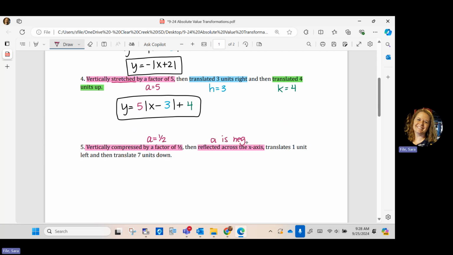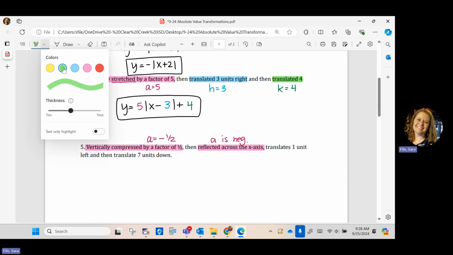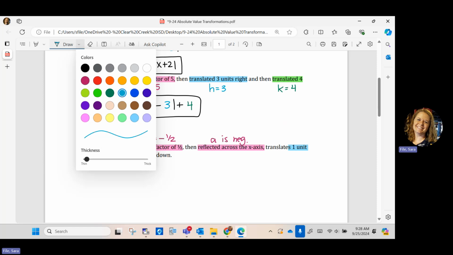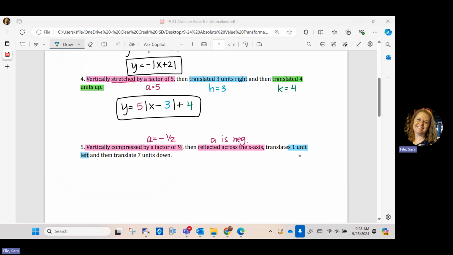So instead of just 1/2, what do I need to change that to? -1/2. So I'm going to change that here. Now that we read that second piece, it's -1/2. And then the next one says it's translated 1 unit left. So horizontal shift, that's our h, and it's to the left, so h is -1.